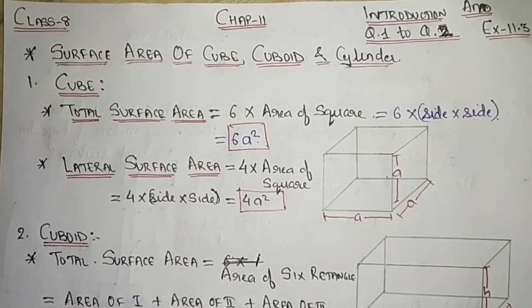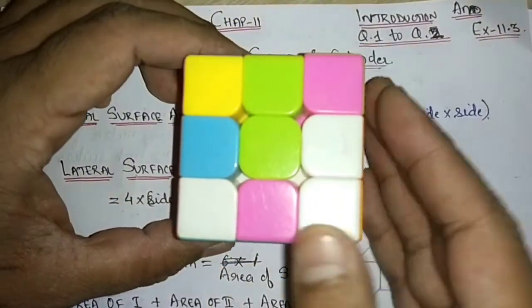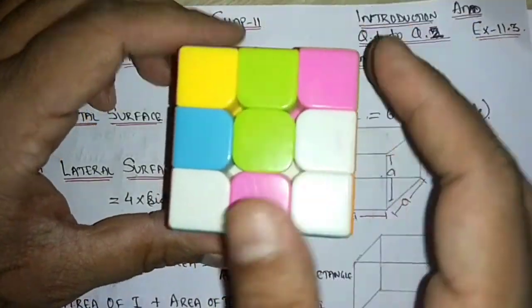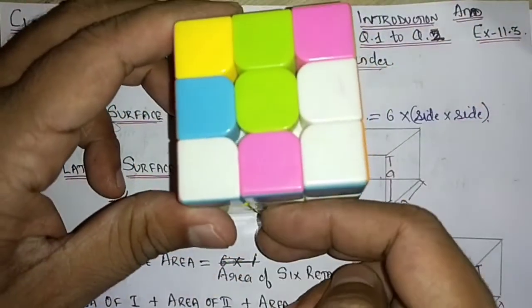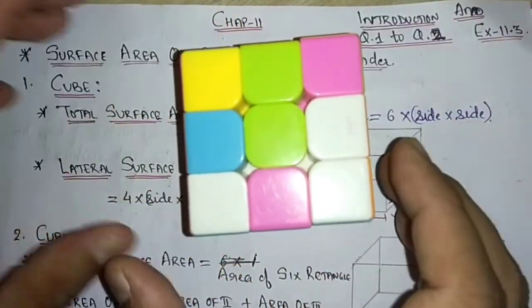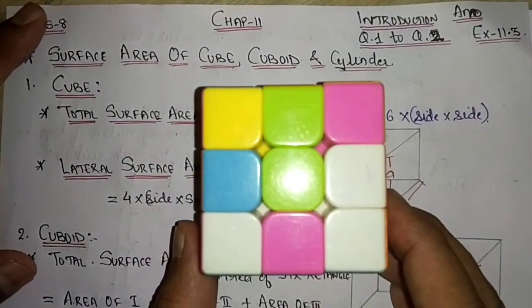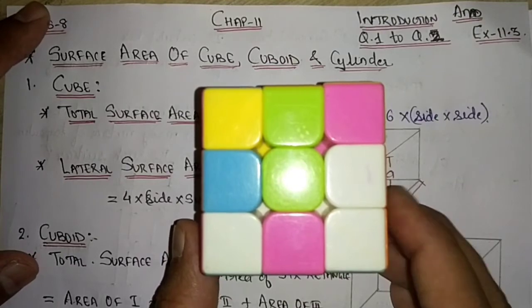First of all, what is surface area of cube? Surface area means all the surfaces. There are 6 surfaces for a cuboid. Likewise, a cube also has 6 surfaces.